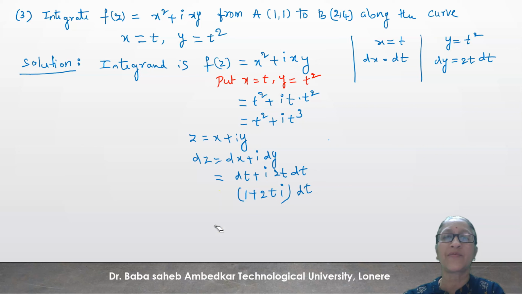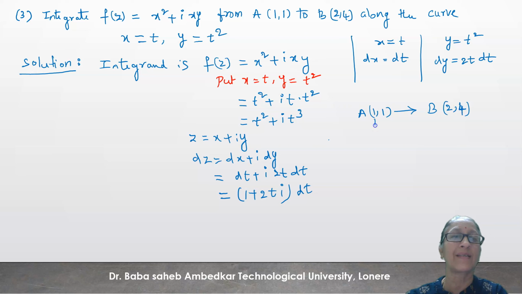Now to get limits for t, we have to consider these points. The curve is from A(1,1) to B(2,4). Here 1 and 1 are the values of x and y; this is the value of x, this is the value of y. Either considering x or y, we can find limits for t.